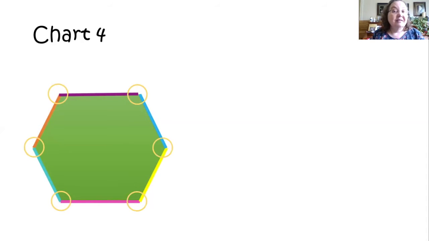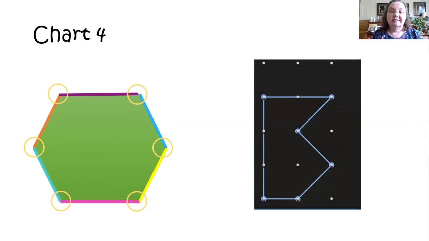I made a different shape on my geoboard. Let's see it. Ooh, do you think that has 6 sides and 6 vertices? Let's count them. 1, 2, 3, 4, 5, 6. Yes, it does still have 6.